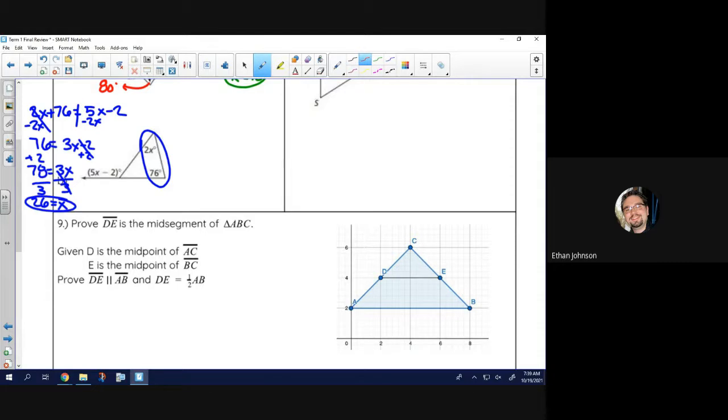Then once again, we need to plug it into the angles. So once again, I know the 76. This is 2 times 26, or 52 degrees.